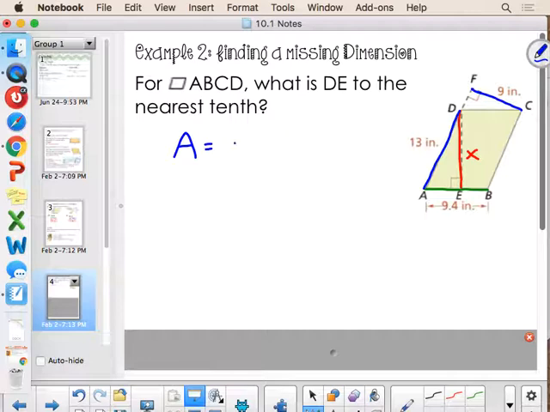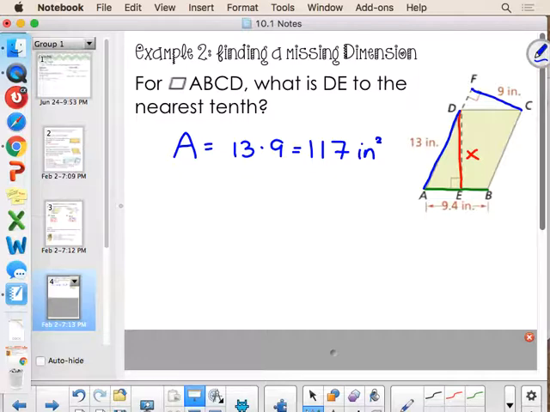We're going to do 13 times 9. What does that get for our area? 117. Do I need to do units? Inches squared. Okay, so now I know that the area of this parallelogram is 117 inches squared.